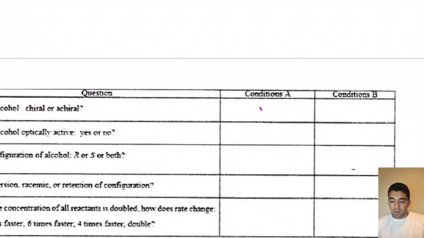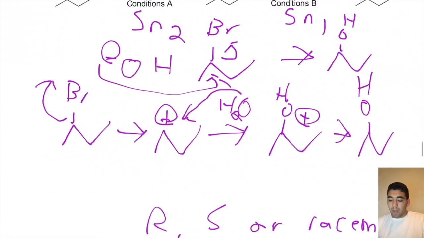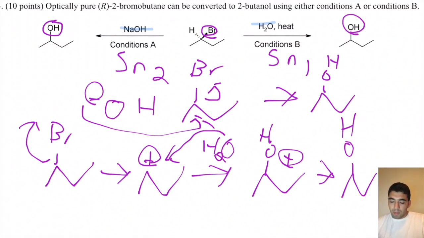So we're going to check off yes on both. Now, is the alcohol optically active? Yes or no? Okay, so we need to know whether they're R, S, or racemic, or a mix of both. And for that, we have to know SN1 versus SN2 mechanisms.